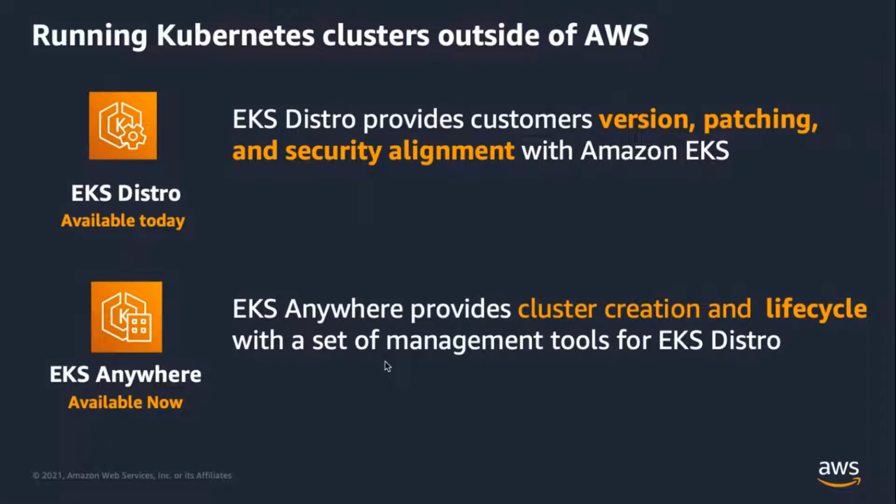So EKS Distro gives you an option to ensure that you have a fully patched, security-aligned version of Kubernetes that you can run. And EKS Anywhere takes it a notch above that, where we bundle in more components that help you with cluster creation and ongoing lifecycle management of the cluster as well. And we will dig a little deeper into what those components are and what are the technologies that we're bundling in along with EKS Anywhere to make this process easier. Moving on to the next slide.